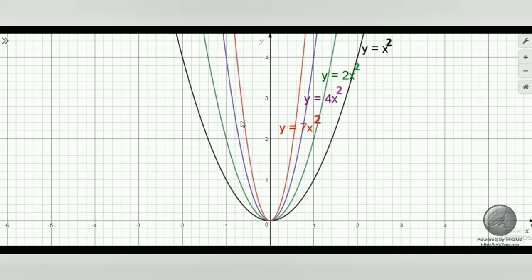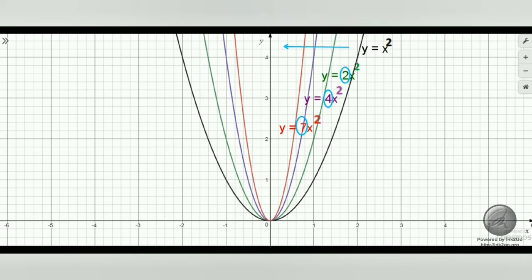You can see these four functions in one diagram. The coefficients are 1, 2, 4 and 7. When the coefficient increases from 1 to 7, you can see the graphs become skinnier.